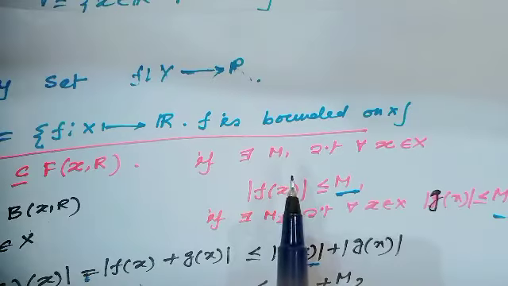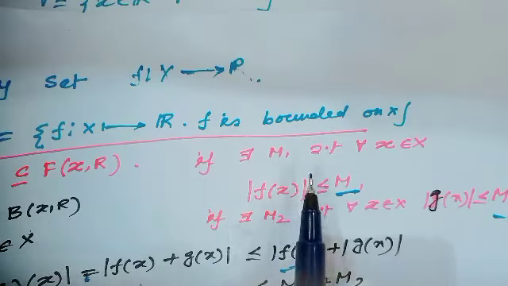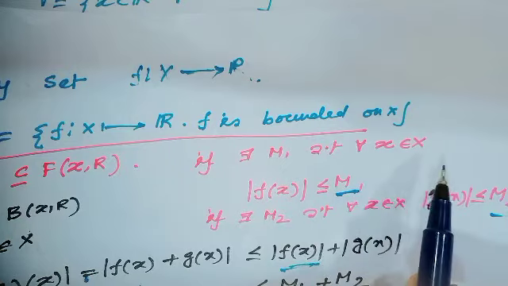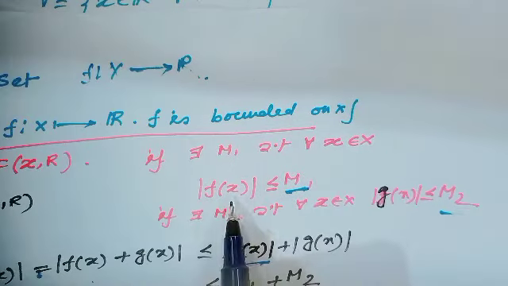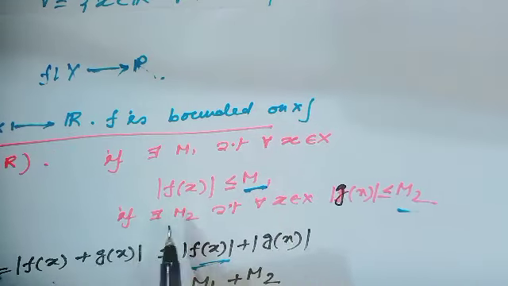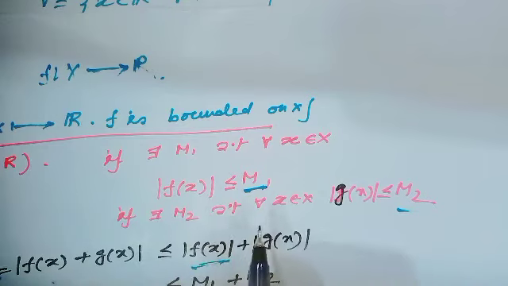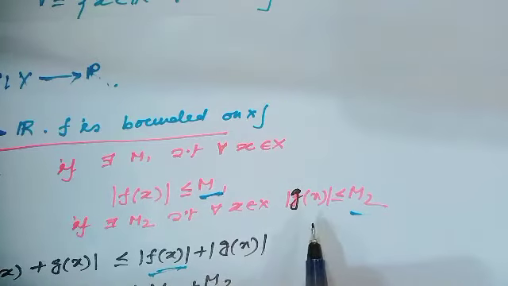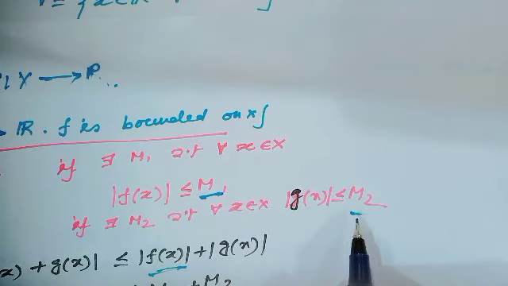That means there exists a constant m1 such that for all x belonging to X, the absolute value of f(x) is less than or equal to m1. Also, there exists an m2 such that for all x belonging to X, the absolute value of g(x) is less than or equal to m2.